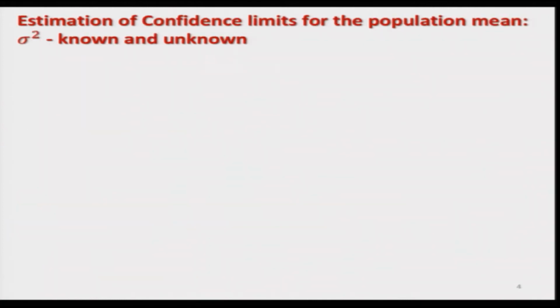Now, let me state here a simple result. Let y1, y2, yn be a random sample, that means they are IID, identically and independently distributed, and these observations are coming from a normal distribution whose mean is indicated by mu and variance is indicated by sigma square.